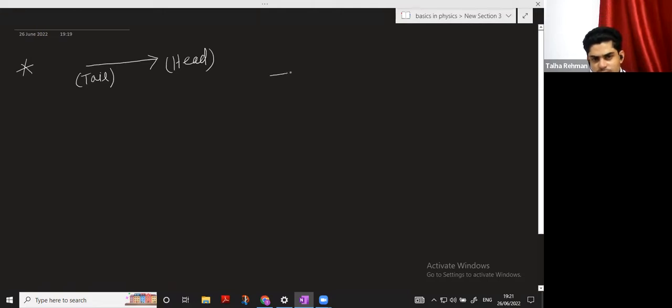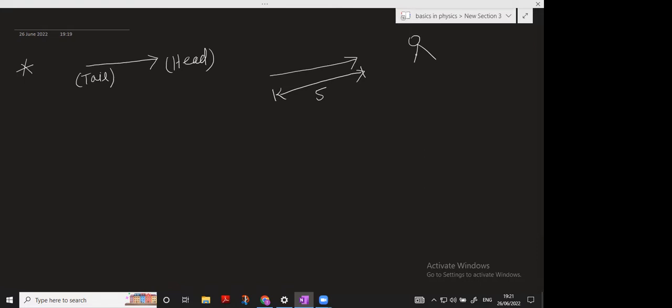Suppose I am making an arrow and I am writing that the length of this arrow is 5, and you know where the arrow is going? Towards this man. The arrow is going towards the man, na? Fatima and Hamza.